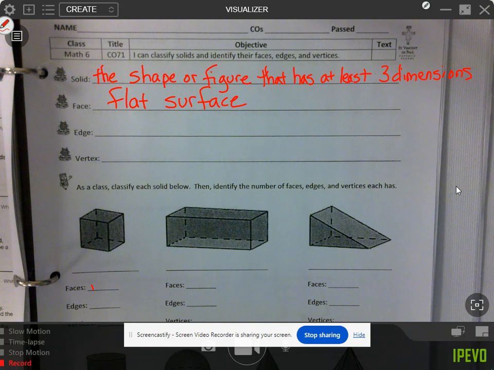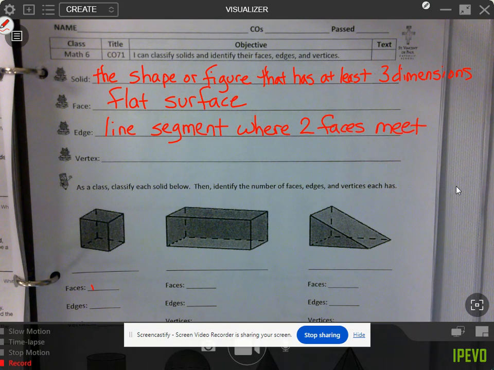Our edge is the line segment where 2 faces meet. So when we look at the rectangular prism, we know that there is a face on top, a face on the side.